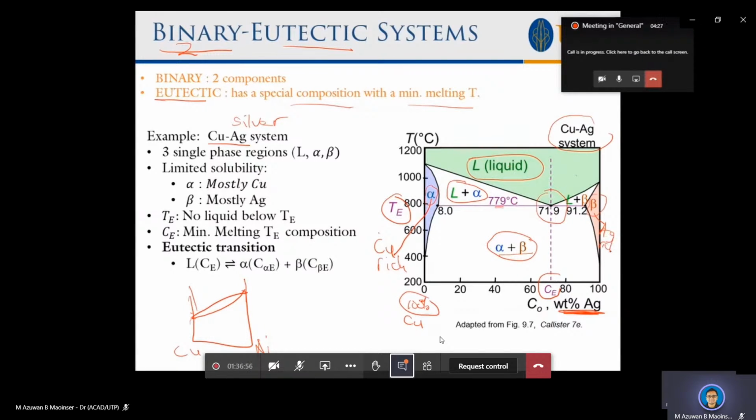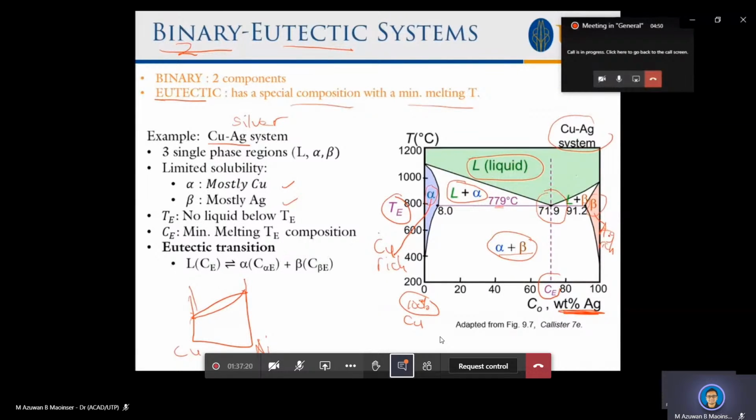That means lots of argentum in beta, while alpha contains lots of copper. So take note of that. Now we have gone through the different regions. So this is what I mentioned here: mostly copper for alpha, mostly argentum for beta, because beta is on the right side and alpha is on the left side.